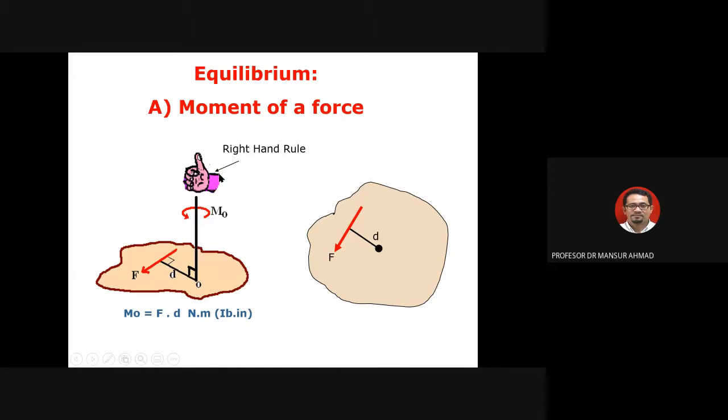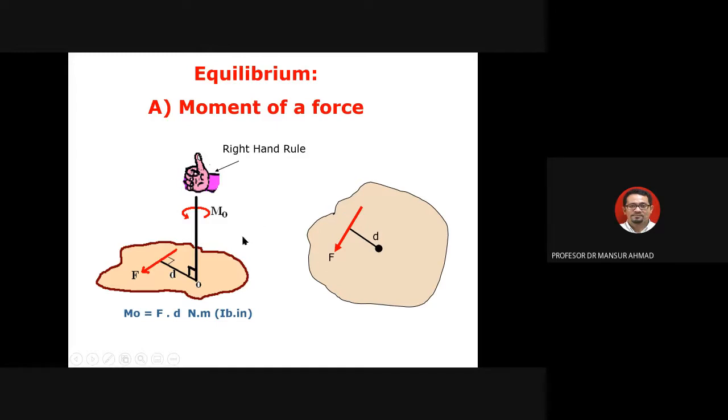We need to agree on the direction of this moment used in this class. So if you look from above, kalau lihat daripada atas, gambar rajah ni lihat daripada atas, you can see this diagram here. I hope you can imagine that. This diagram here, if you look from above, you will see this.